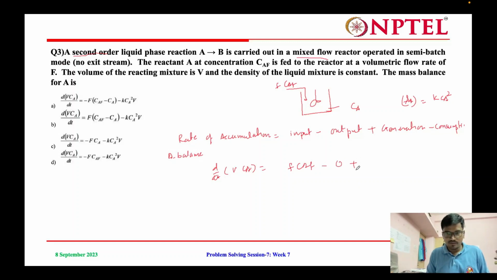And here generation is also zero, because A is consumed, not generated. Consumption: V times R_A means V K C_A, right? So meter cube into mole per meter cube, mole per second.